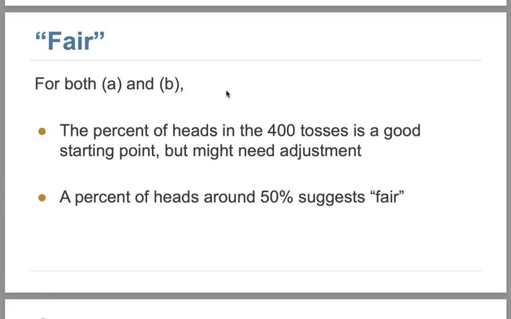If we simulate 400 tosses many times, each time the result should be close to 50% heads, because our model states the coin is fair. That's why we run the simulation a large number of times, tossing the coin 400 times, and we want to see the heads result close to 50%.